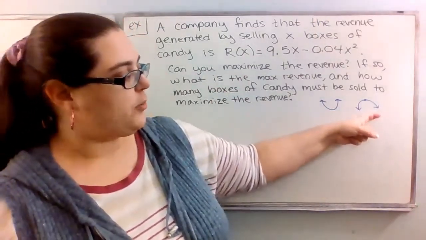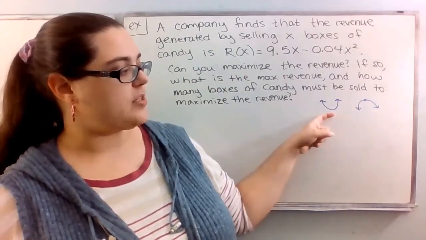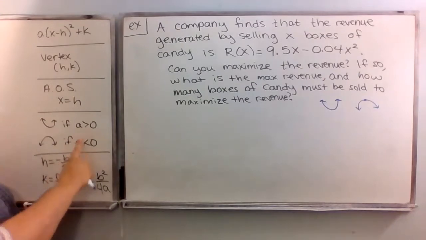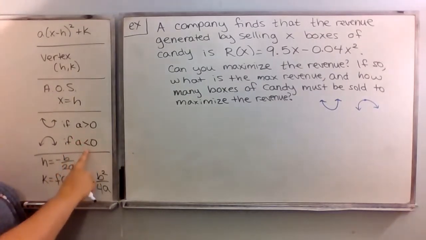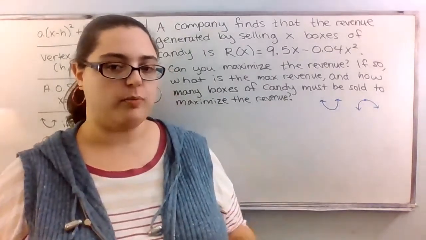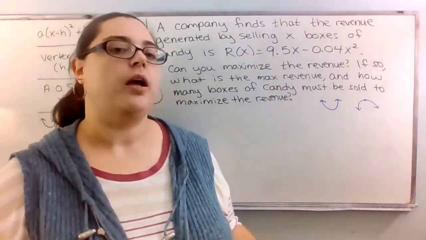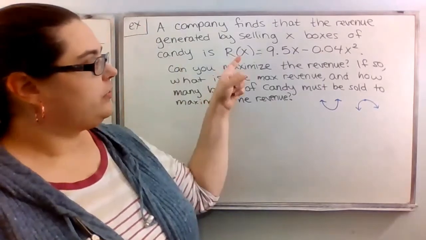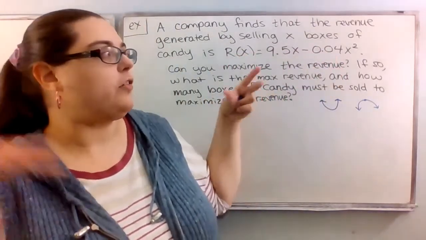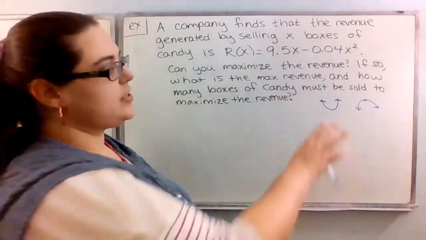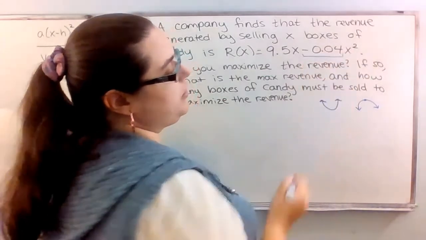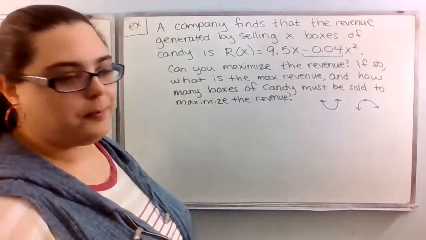So in order to determine whether or not our parabola is smiley or frowny, we can look at the value for a. And remember that the value for a, whether we're in vertex or standard form, is the same value. So if I look at our function here, we have to be a little careful because it's not perfectly in standard form, because the x squared term came second. So a in this problem is going to be negative 0.04.